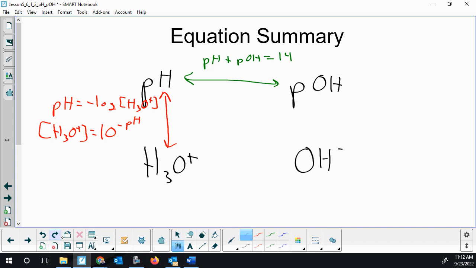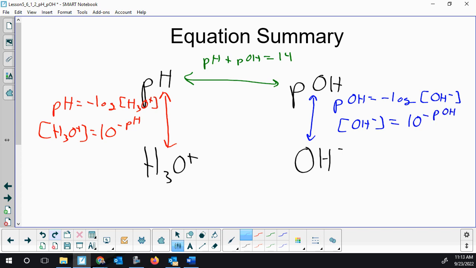So I'm not fully done. We've got the other side, which is the mirror, kind of the mirror image, or just the flip might be a better way to explain it. pOH is the negative log of hydroxide. I've been not writing my states in for the sake of space. Or if I want hydroxide, I've got to go 10 to the negative pOH. So that's your relationship.